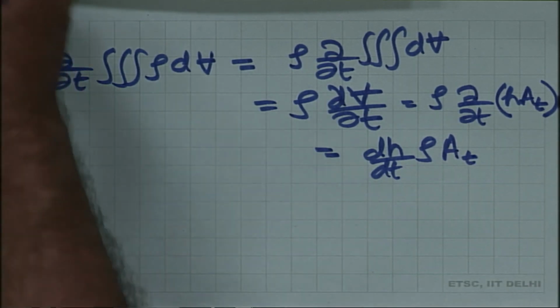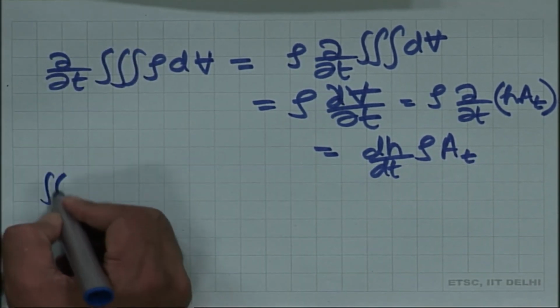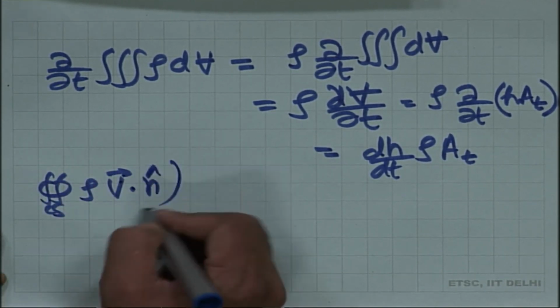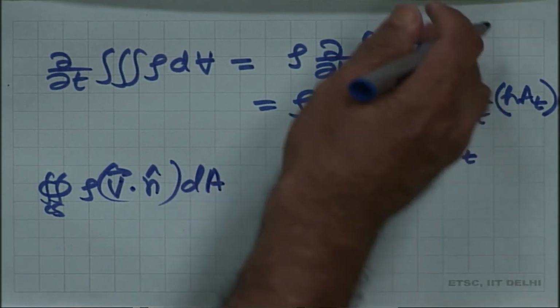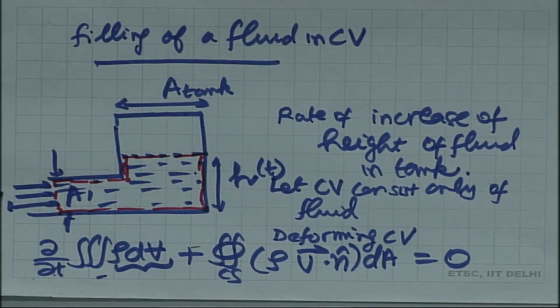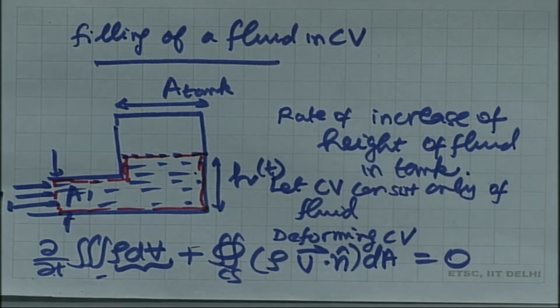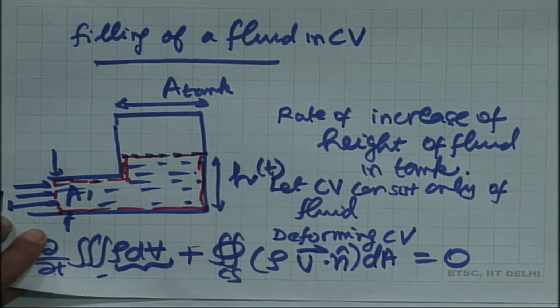Now, the other term is the integral over the control surface. In this control volume which I have shown with the red, which is deforming, at which surface is fluid crossing the control volume? The fluid is crossing only at one.